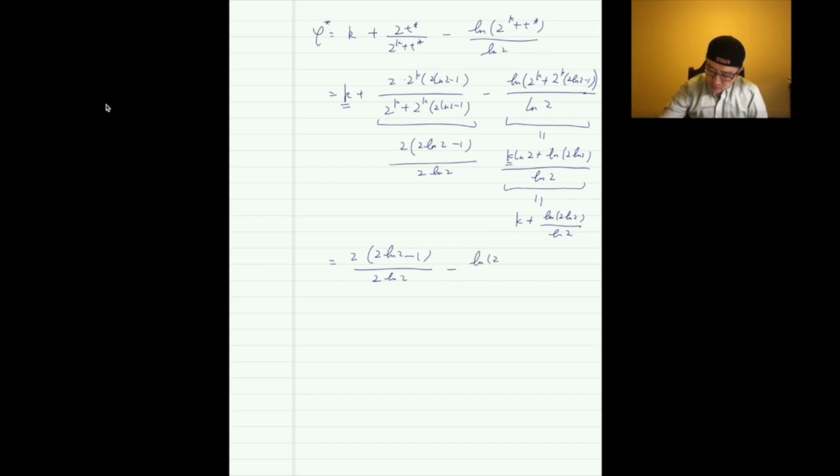So we can separate this ln 2, plus ln 2 over ln 2, okay? Then we have 2 minus 1 over ln 2 minus 1 minus ln 2 over ln 2, okay? So that is 1 minus 1 over ln 2 minus ln 2 over ln 2, okay?